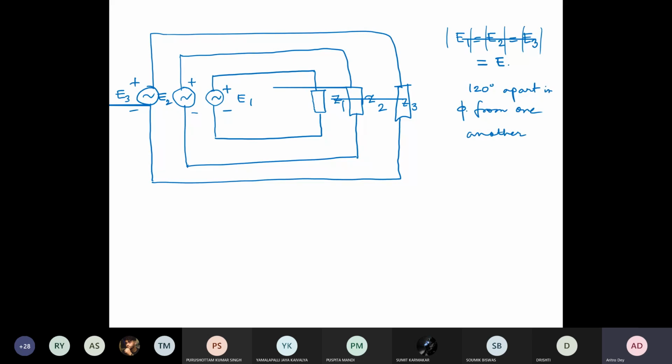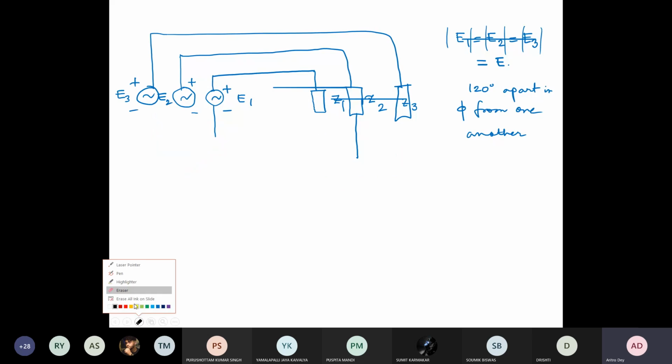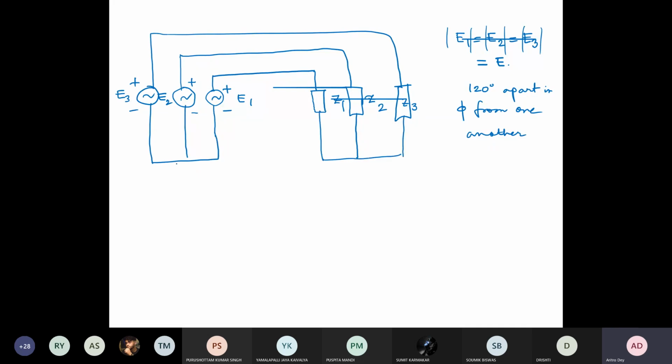Then what we can do, we can join these two lines, again these two lines, and then remove this. Oh, sorry. If we redraw it, it will look like this. And with one line we replace this connection.